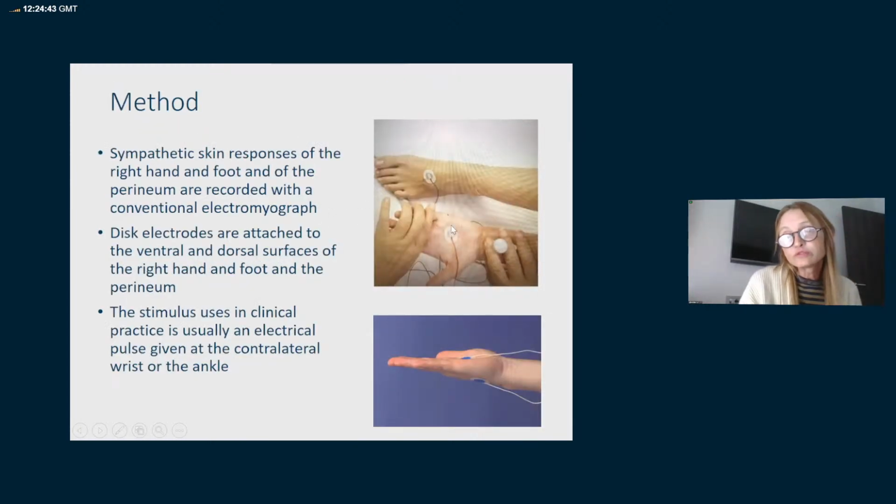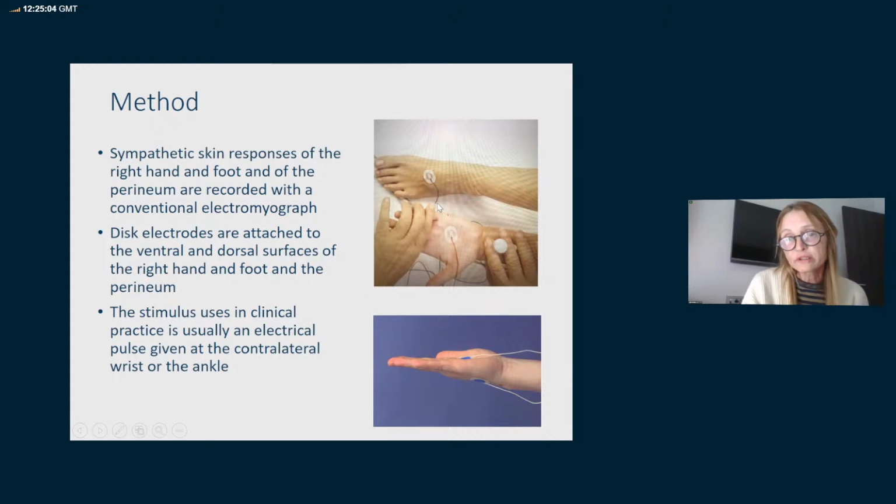So, for obtaining sympathetic skin response, we use a conventional electromyograph. Then the electrodes will be attached to the ventral and the dorsal surface of the hand.